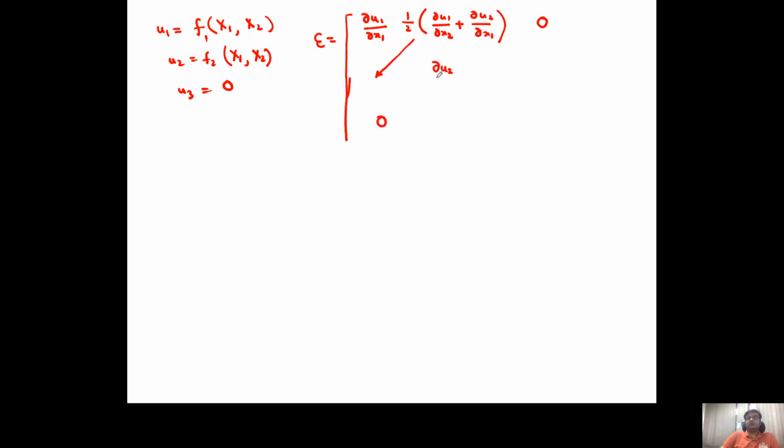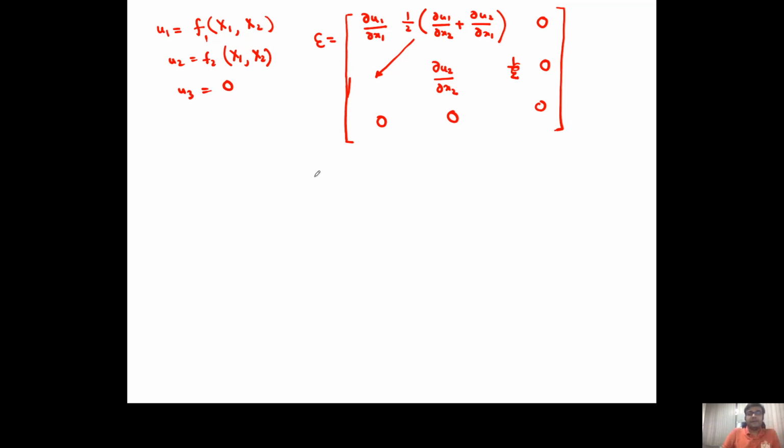This will be del u2 del x2, and this will be half. So let us see, del u3 by del x2. u3 is 0, so that will become 0. And then u2 with x3, u2 is not a function of x3, so that will also become 0. So by symmetry, this is 0 and this is 0. So in essence, this is your strain matrix.